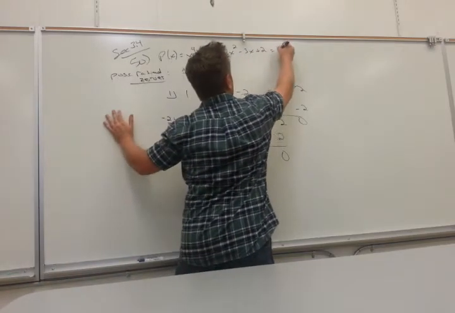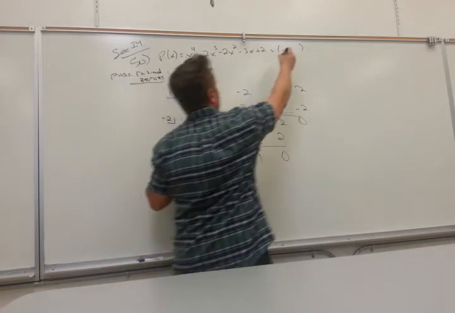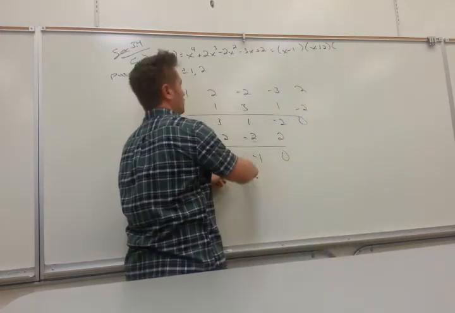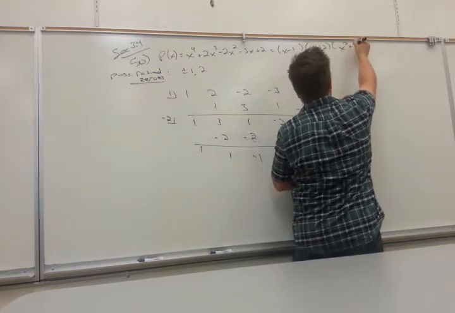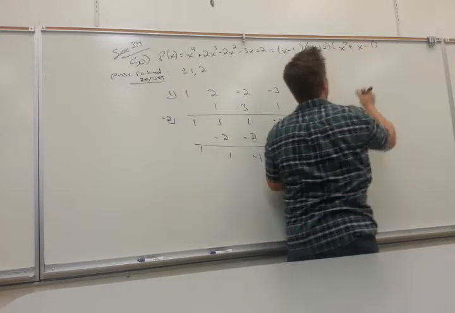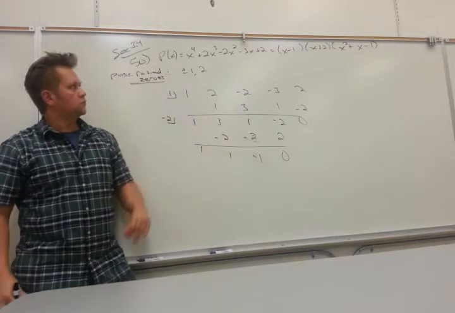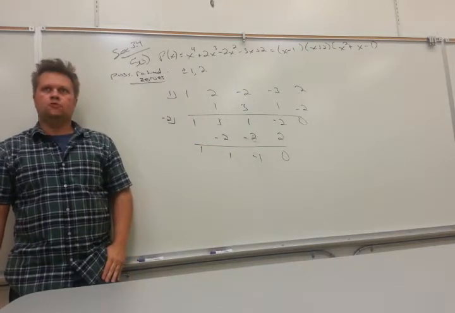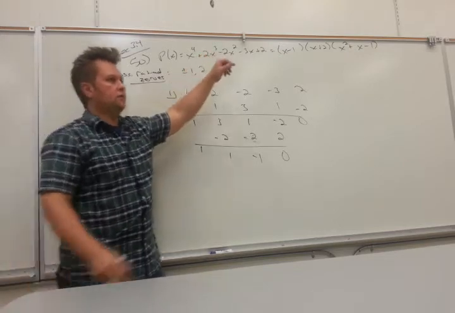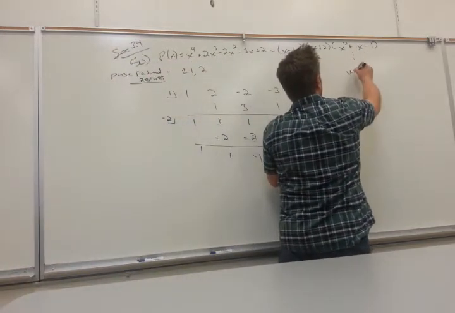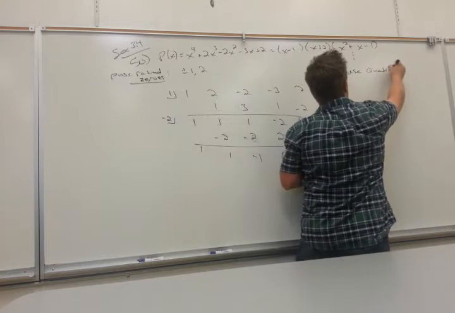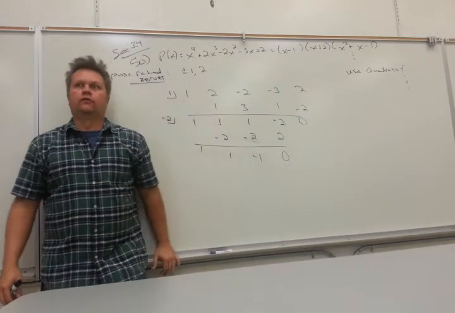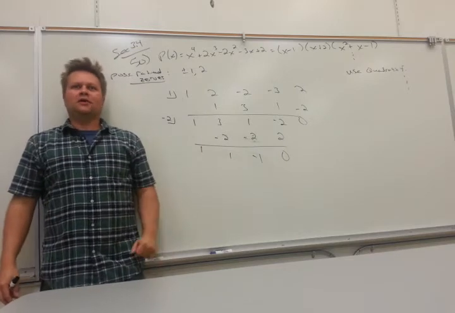This equals x minus 1, x plus 2, x squared minus x plus... x squared plus x minus 1, cool. And then that last piece, you got to use quadratic.